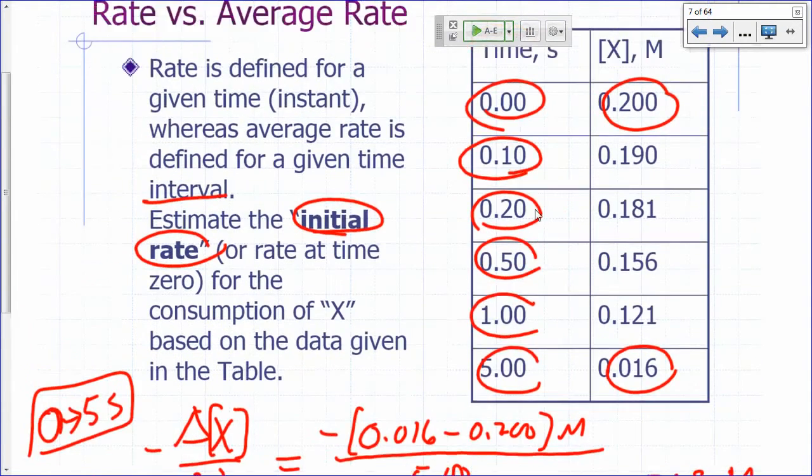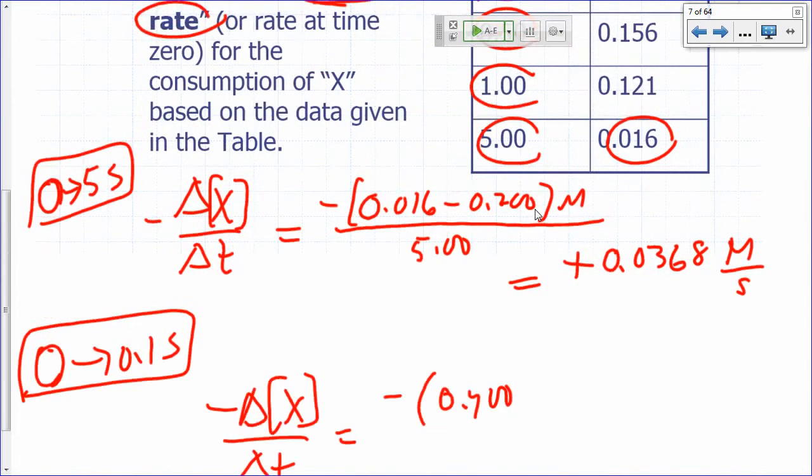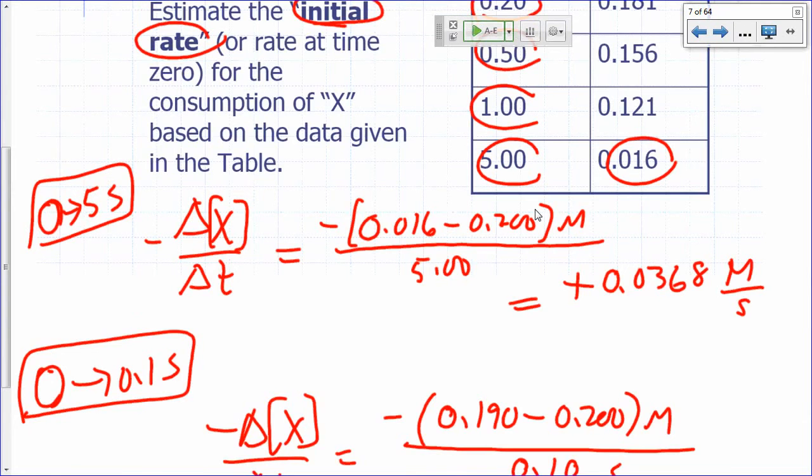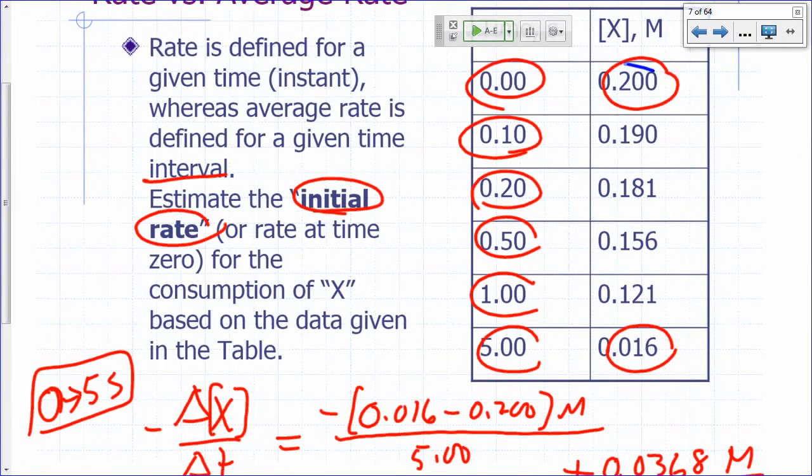Okay, so 0.19 minus 0.2 moles per liter. So over 0.1 seconds, these two numbers right here.